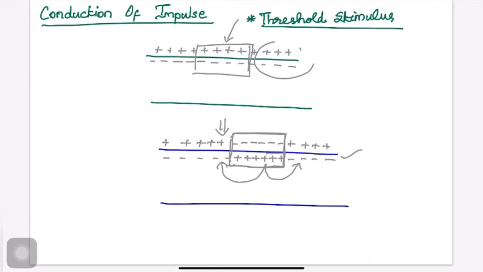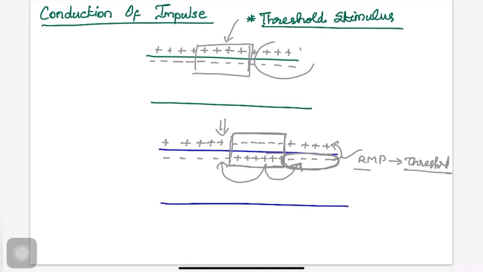So the flow of positive charges makes this area get depolarized, right? Depolarized in the sense that this flow of positive charges makes the resting membrane potential of this area reach the threshold potential. So you understood, right?